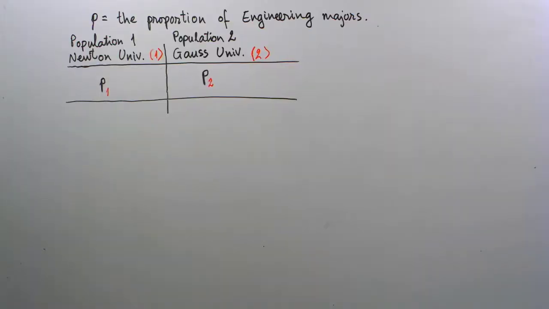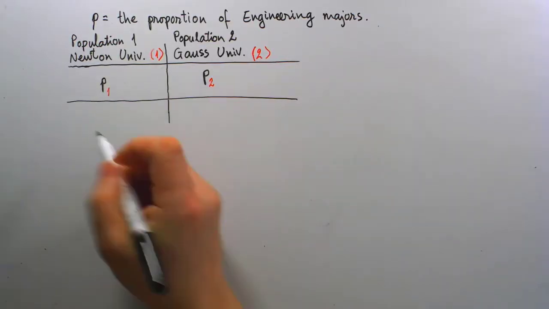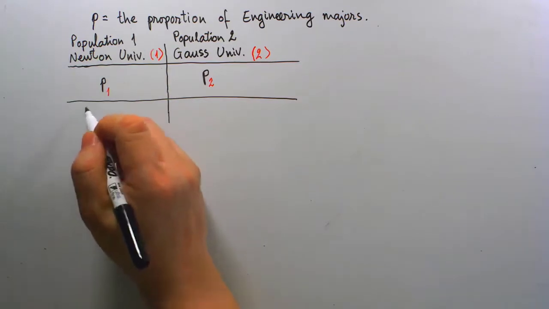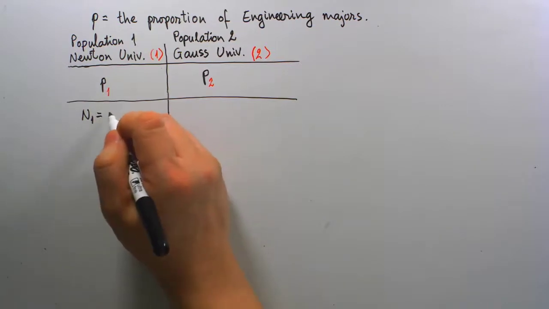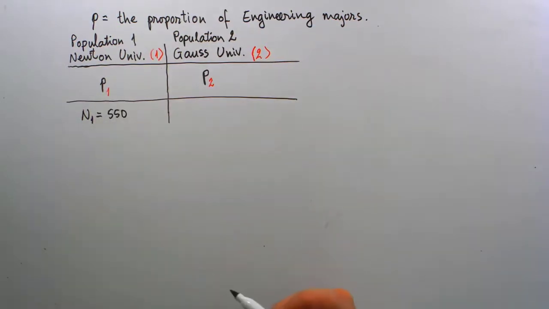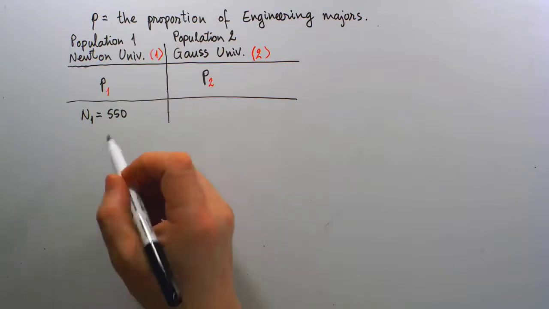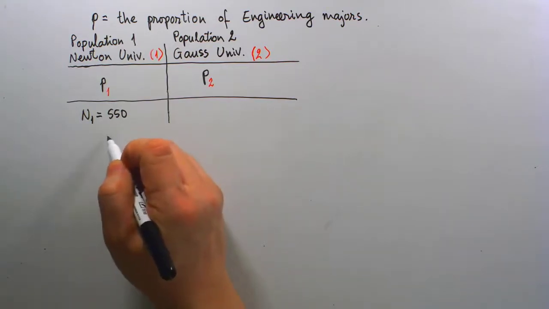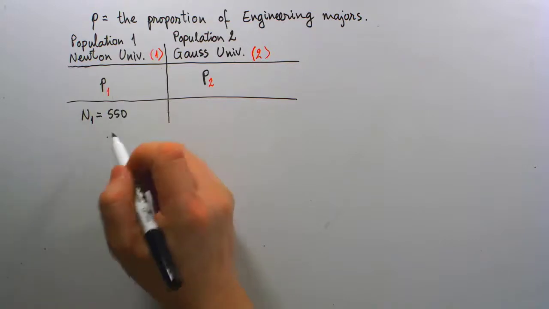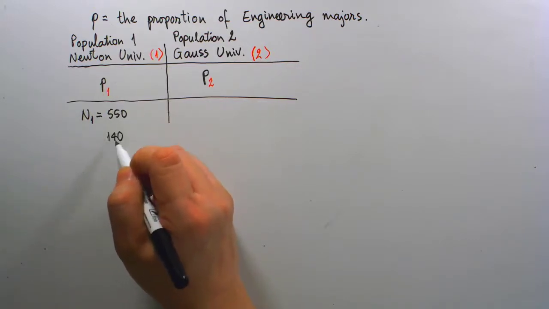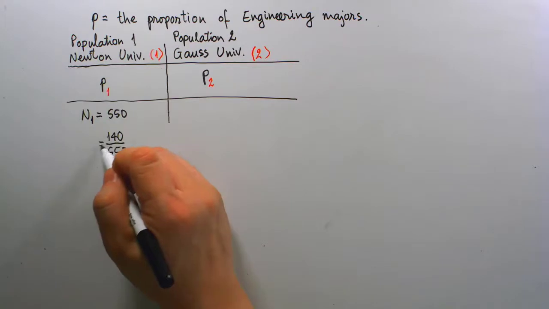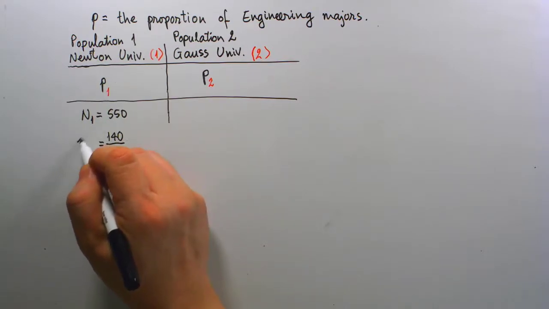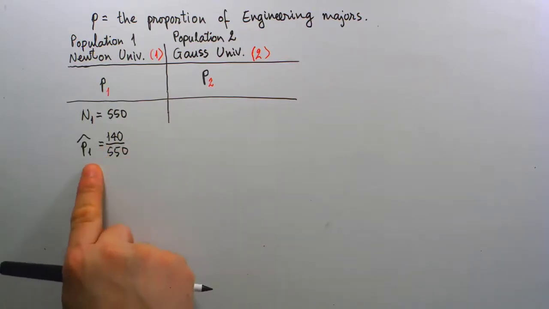So from population 1, each sample was as large as 550 students, and I found 140 students in that sample. That's why 140 out of 550. This is regarded now as p hat 1, our sample proportion from population 1.